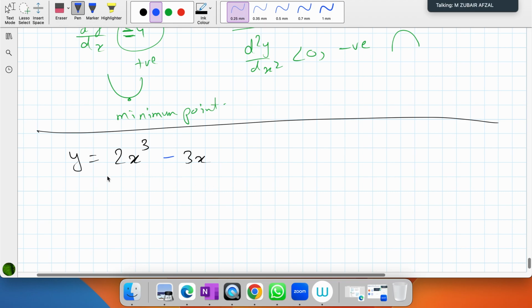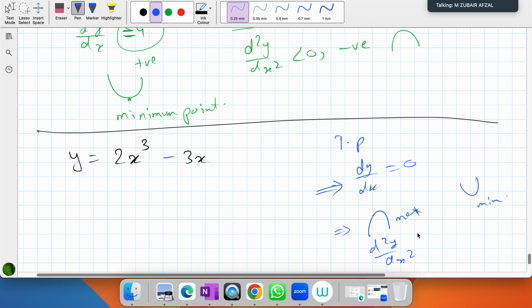So for example, we have this equation 2x cube minus 3x, and we have to find the turning point, and we have to tell whether the turning point is a maximum or minimum. So for the turning point, we know that dy by dx will be equal to 0. That is the first step. And for the nature, whether it is maximum or minimum, it will be d square y over dx square.